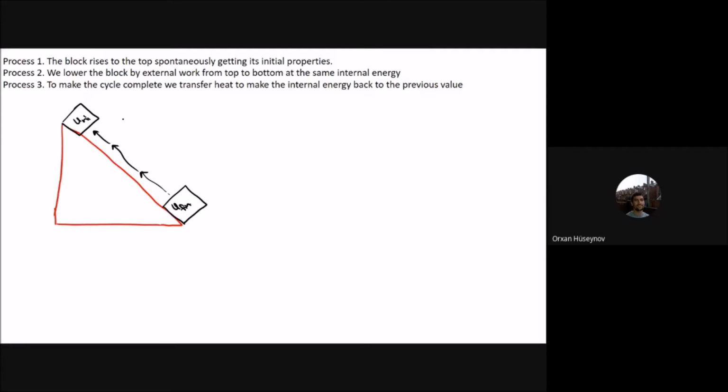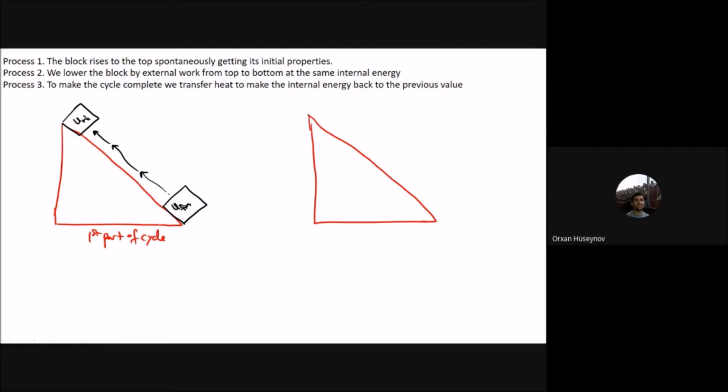Then I want to make it a cycle. This is not a cycle yet. This is the first part of the cycle. This one rises. The next part of the cycle is that this block is lowered from top to the bottom at the same internal energy.